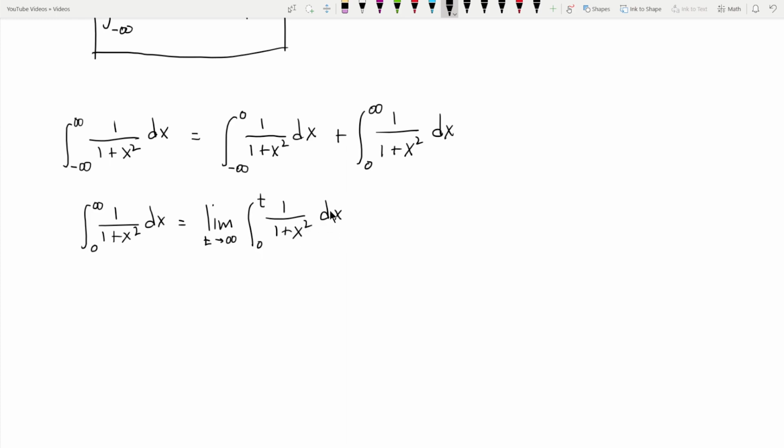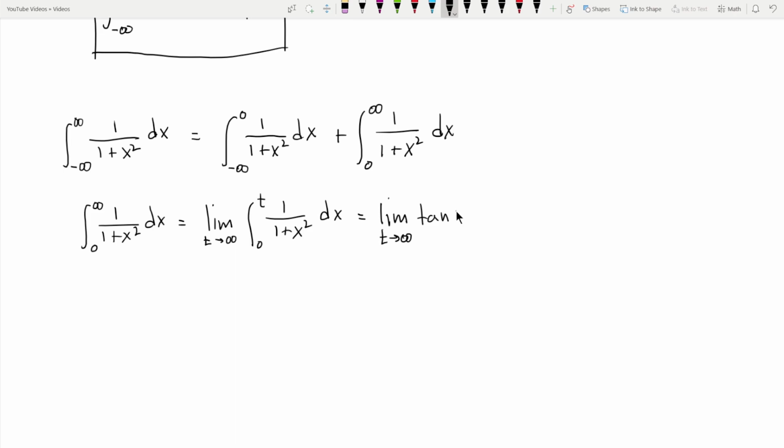Now the antiderivative of 1 over 1 plus x squared dx is arctangent, or tangent inverse. So this is going to be the limit as t goes to infinity of tan inverse of x.